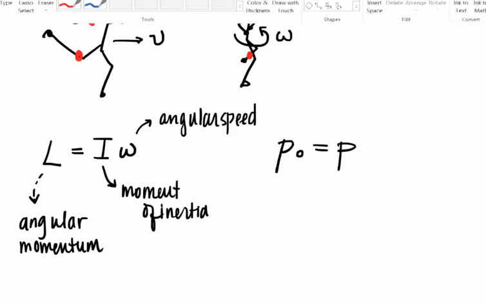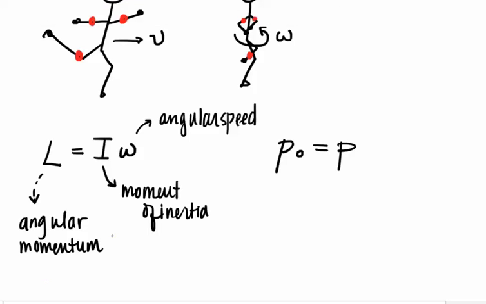Now let's talk about units. What's the unit for moment of inertia? How do we find moment of inertia? Okay, so m r squared. There you go. Kilogram meter squared. You're multiplying mass times distance squared.